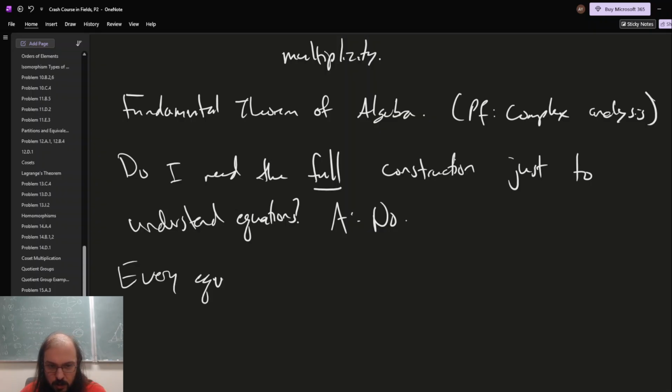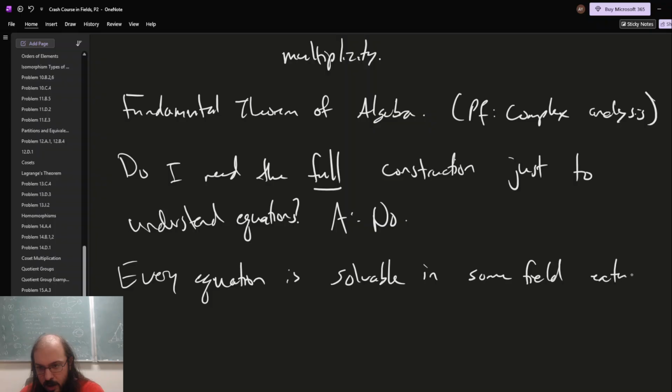Every polynomial, I've been saying the word equation, but all the time I'm talking about polynomial equations, every equation is solvable in some field extension. Actually, what I said is true even if it's not a polynomial equation, if I'm willing to deal with nasty field extensions. But our field extensions are going to be simple.